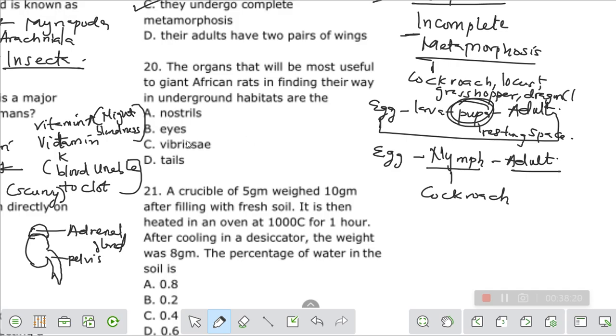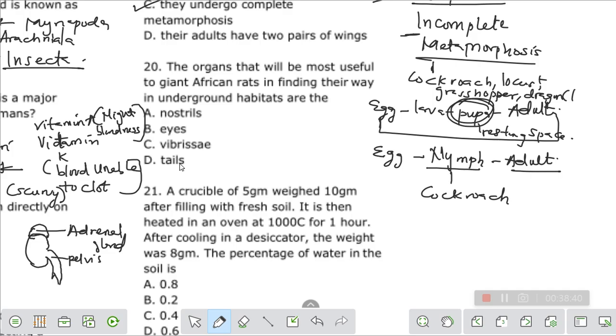But this question, don't quickly come to a conclusion. You need to know what we use vibrissae for before you conclude. Once you first see vibrissae, you think that would be the answer, or if you first see the nostrils.